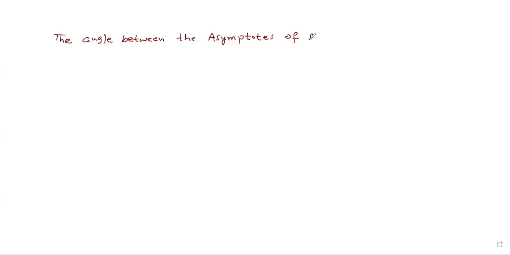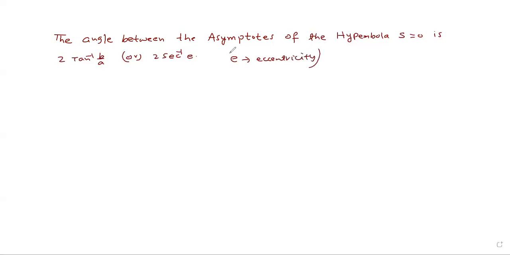Angle between the asymptotes of the hyperbola S equal 0 is 2 tan inverse b by a, or 2 secant inverse e. Here e is for eccentricity. So based on this, you get a 2 marks question.